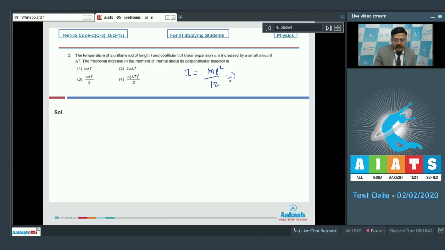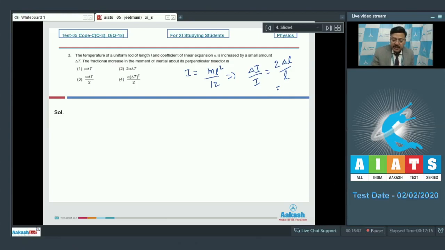So from this we can easily get, by differentiating or by first taking log on both sides and differentiating, and recognizing that mass is going to be constant, we can see that delta I by I, of course for small fractional changes, can be written as 2 times delta L by L, and delta L by L is simply alpha delta T.